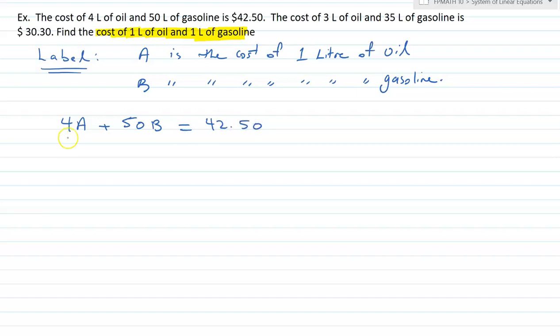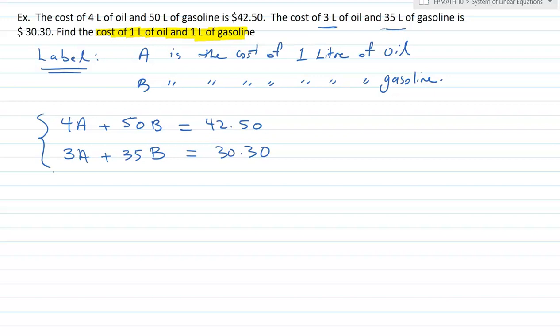Okay, so 4 liters times, let's say $1 for oil, that would be $4, and 50 liters times gasoline, let's say $1.50, whatever that is, you add them all up, it should get you whatever the value is. In this case, it's $42.50. We don't know what the A and B are at this time. Let's write up the second equation. The second equation, we have 3 liters and 35 liters, so it would be 3A plus 35B. That would be equal to $30.30.